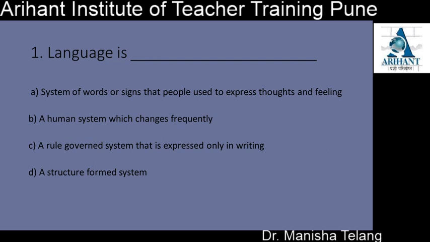Option C, a rule governed system that is expressed only in writing. Option D, a structure form system. And the correct option is option A, system of words or signs that people use to express thoughts and feelings.